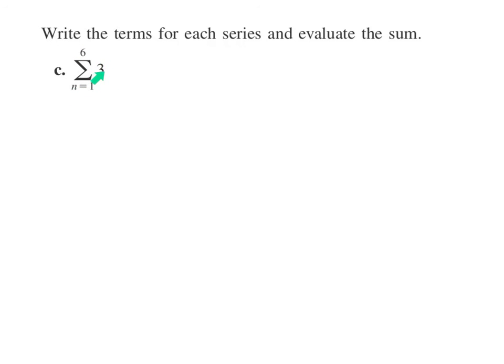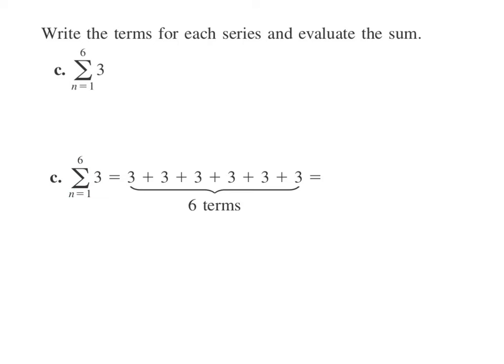And so what this means is that whenever we would quote-unquote plug in a value for the index, there's nowhere to plug it in, which means it's always equal to 3. So essentially what this means is the first 6 terms, or the first however many terms, will always just be 3. And so it's 1, 2, 3, 4, 5, 6. There's nowhere to plug that in, but there's still 6 terms. So of course that's 18.